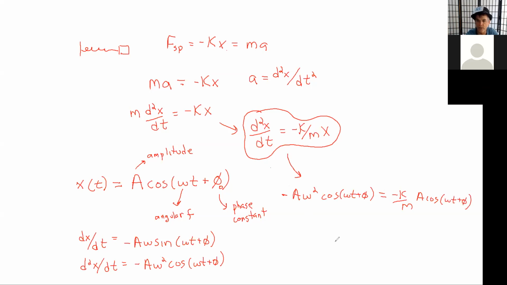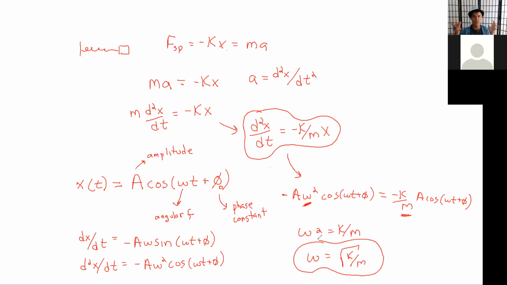the only way, if this is always going to be true, is if omega squared equals k over m. And so omega for simple harmonic motion with a mass connected to a spring is given by the square root of k over m.